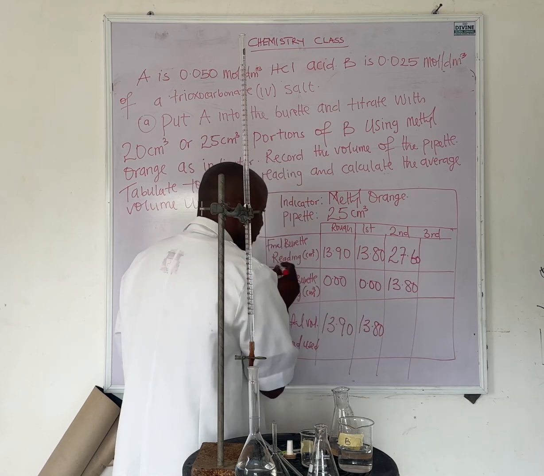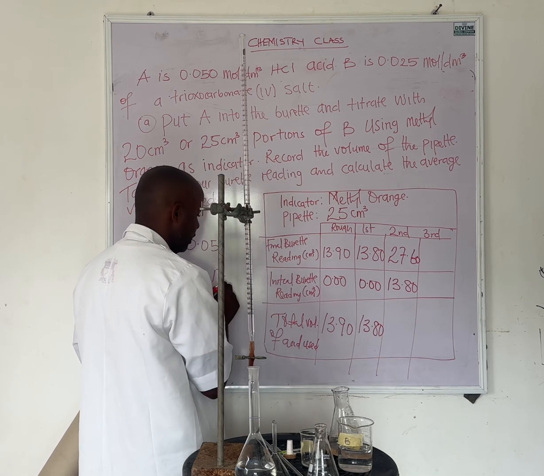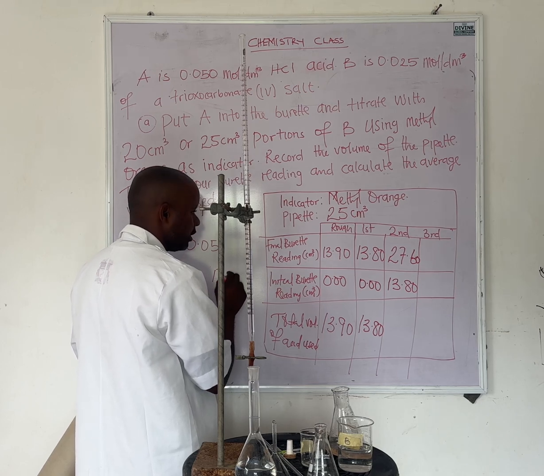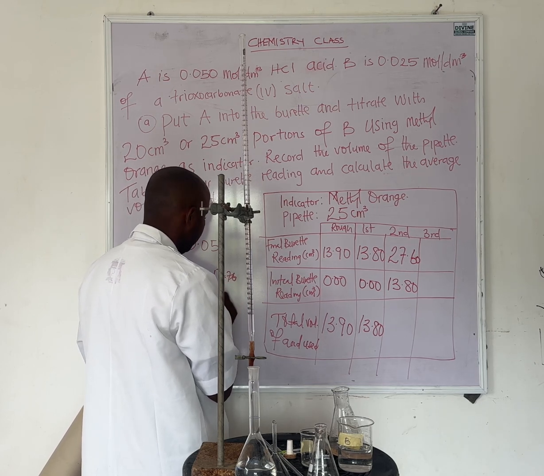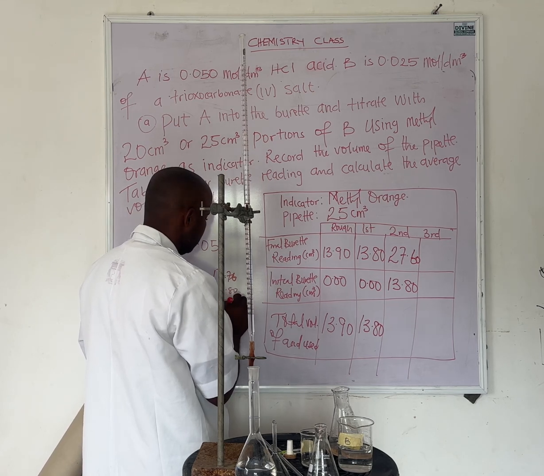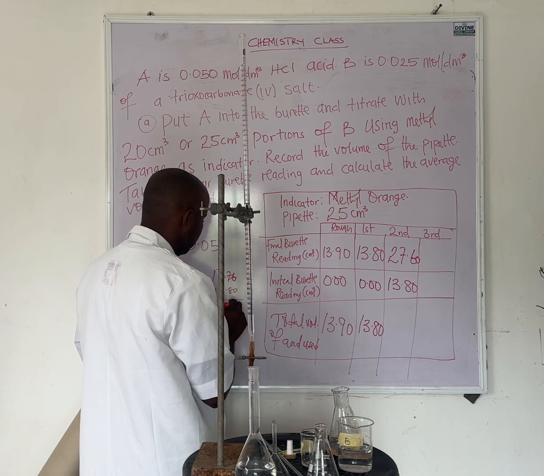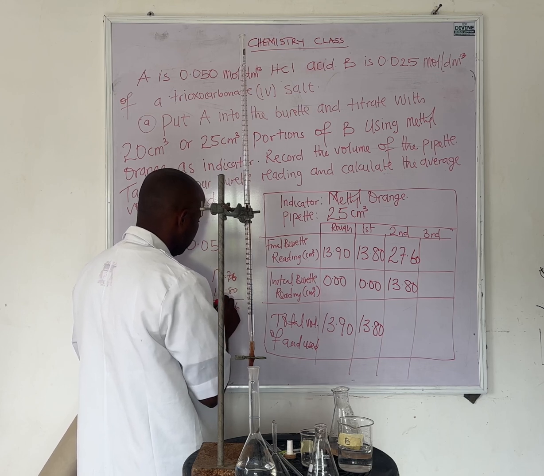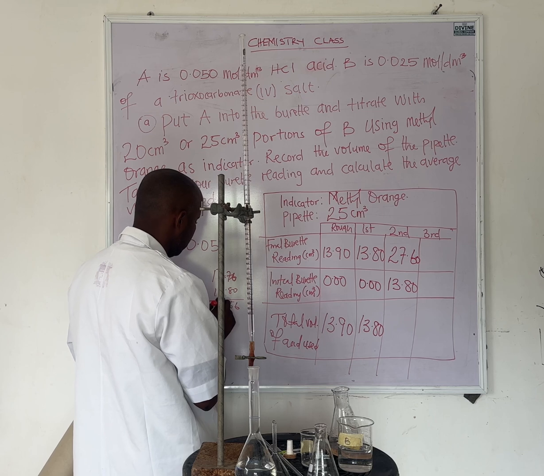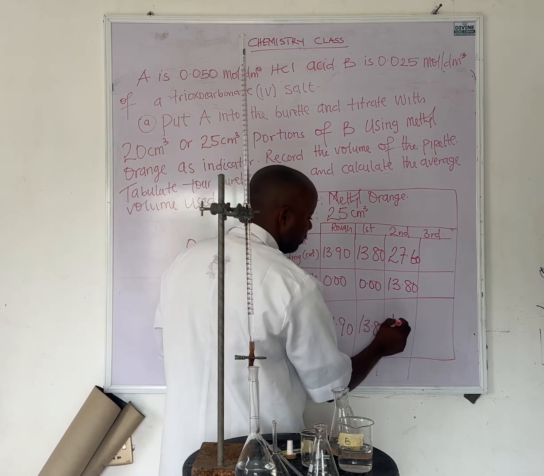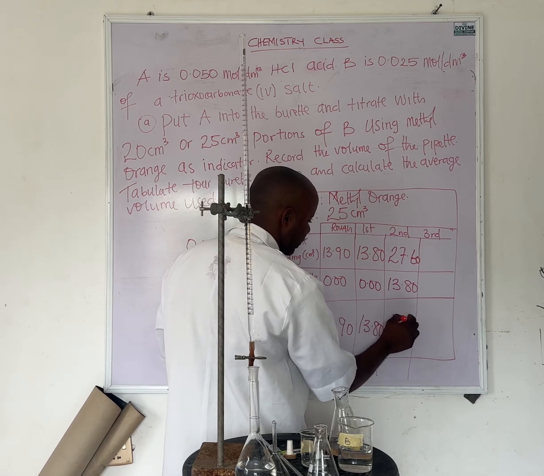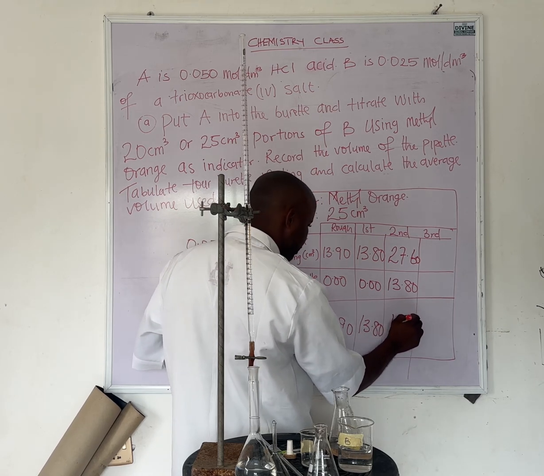So if we should minus this, we're going to have 17.6 minus 13.80 gives us 12.70.